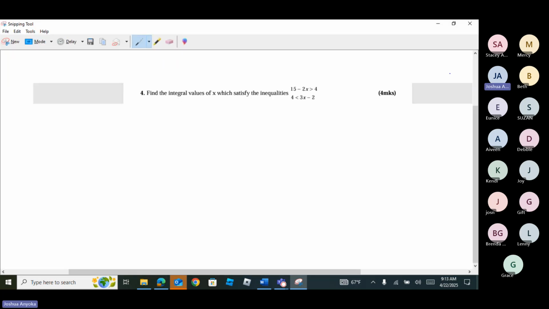We have two inequalities. I want us to start by solving the two.